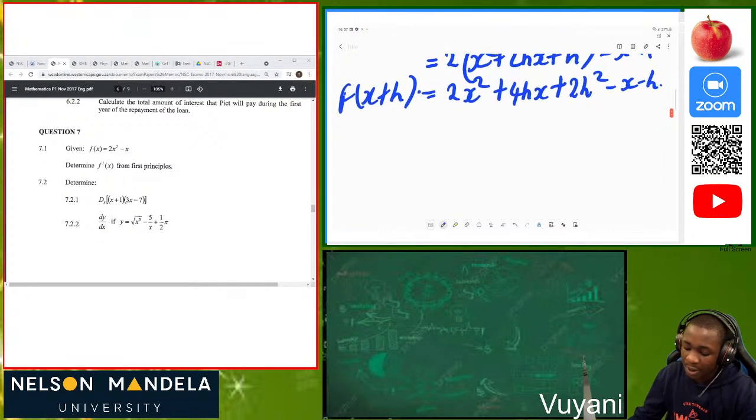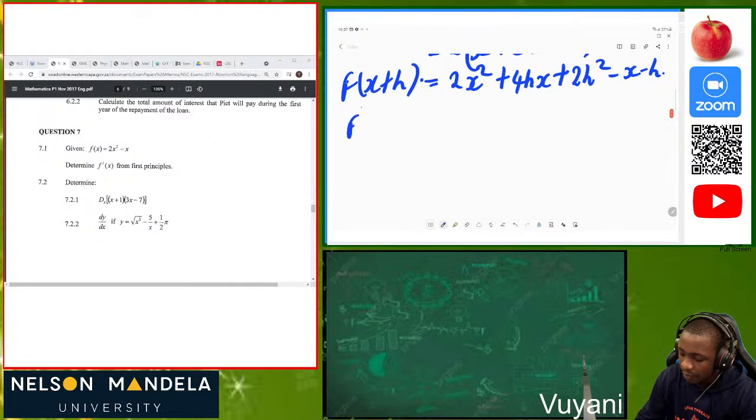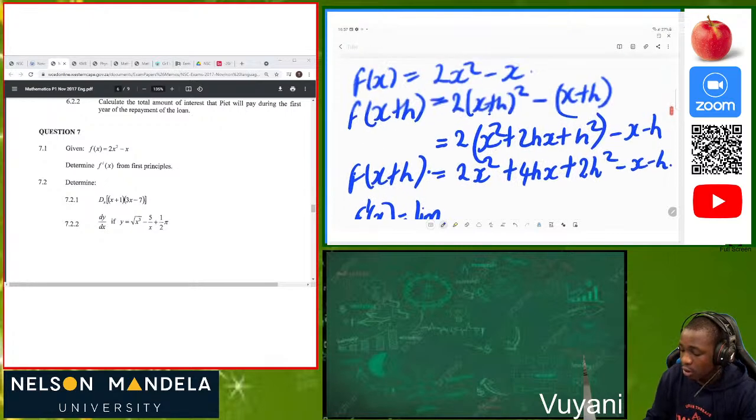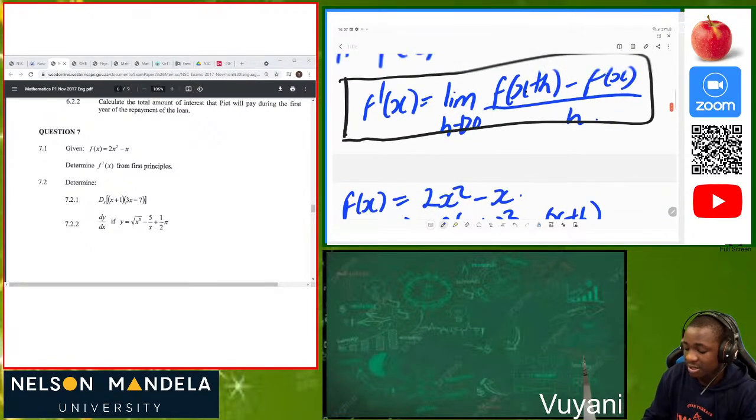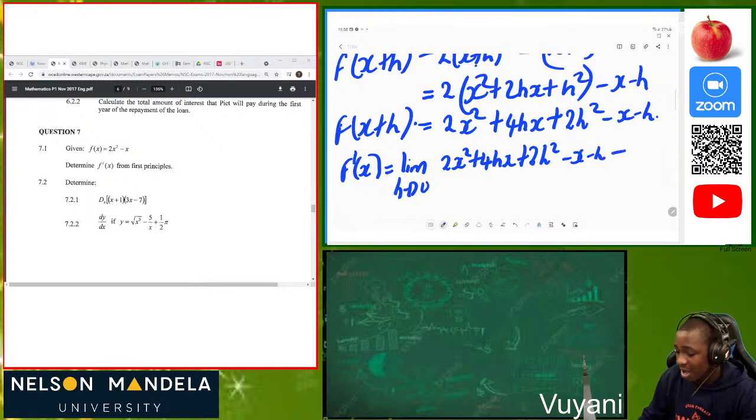So looking at our equation, what we're going to do here is write f prime of x is equal to the limit as h approaches 0. We have f of x plus h, so we substitute that, which is 2x squared plus 4hx plus 2h squared minus x minus h, minus, what is our f of x?